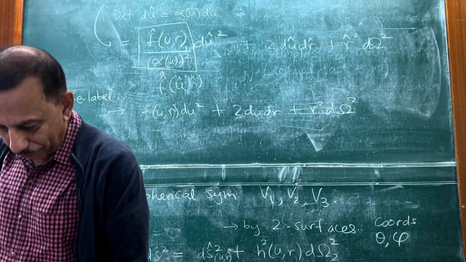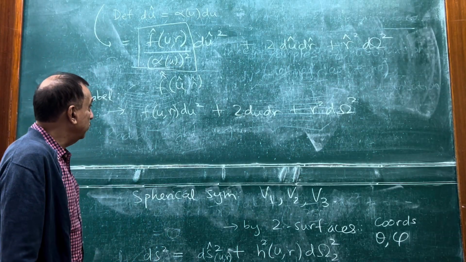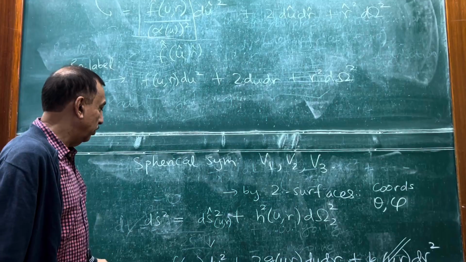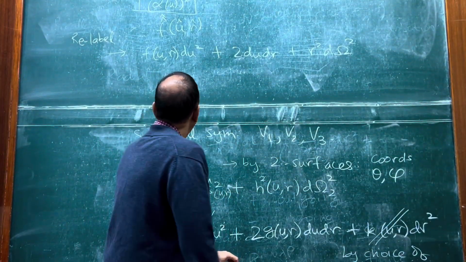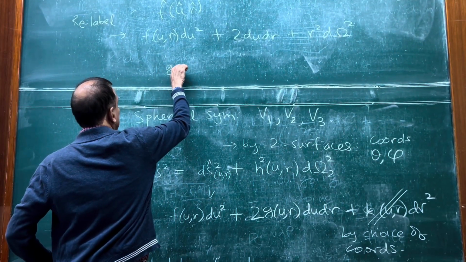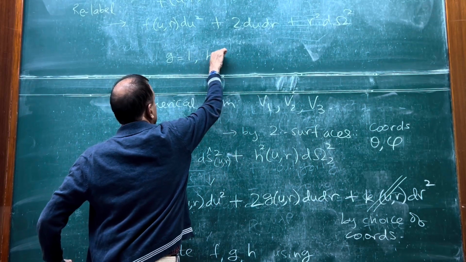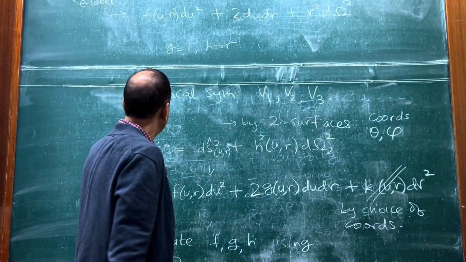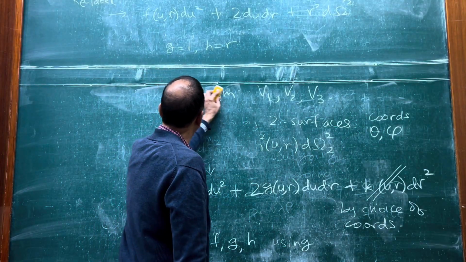Okay. So now, unfortunately, we have lost R_ur, which was a long expression. Let's try to find it. So this just says that g is 1 and h is r. So these are the two things you need to remember. And now we have to determine f.